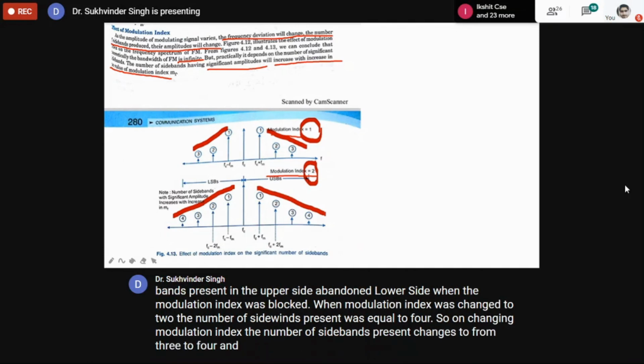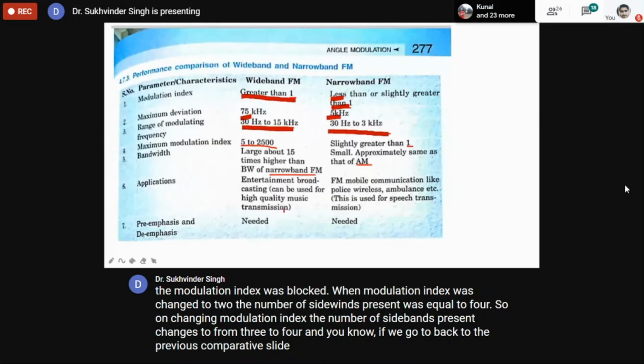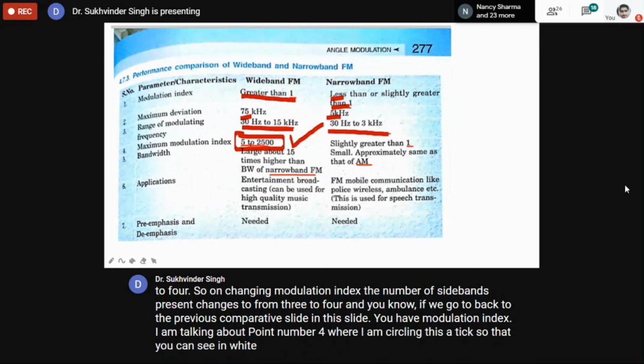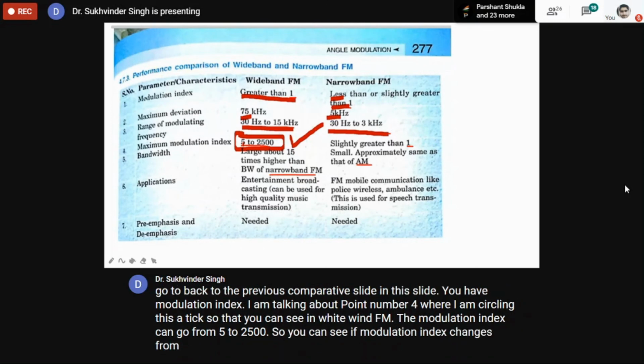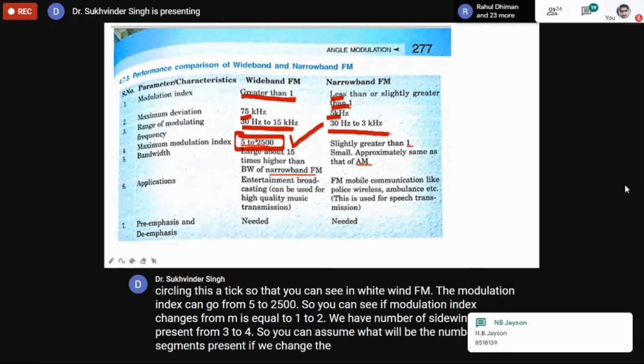And you know, if we go back to the previous comparative slide, I'm talking about point number 4, where I'm circling this tick. So you can see in wideband FM, the modulation index can go from 5 to 2500. So you can see if modulation index changes from m equal to 1 to 2, we have number of sidebands present from 3 to 4. So you can assume what will be the number of sidebands present if we change the modulation index from 5 to 20.